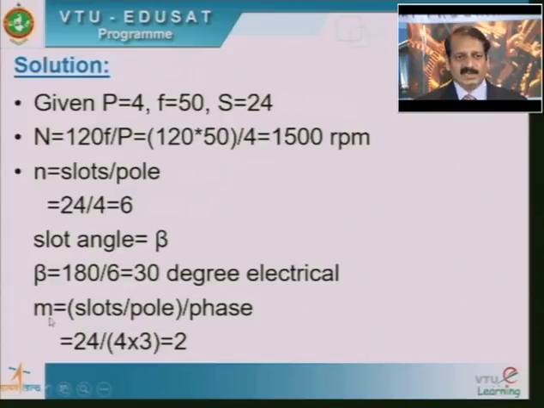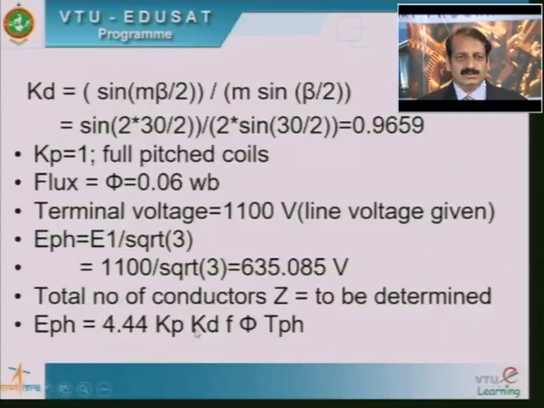Now, m can be calculated as slots per pole per phase, which is equal to 24 divided by 4 into 3, and we will get 2. So, m, slots per pole per phase, is calculated as 2.